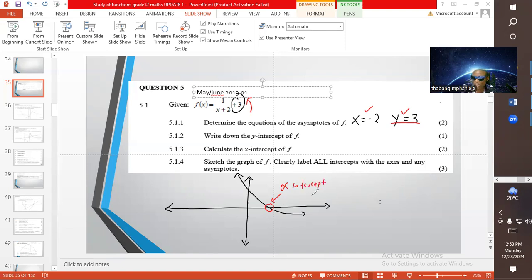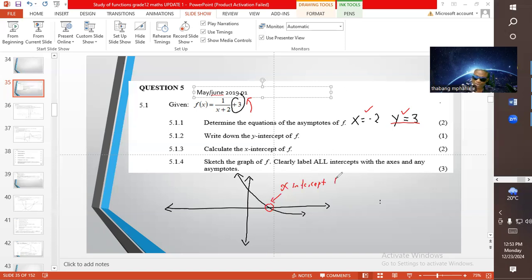Now, which is a point on the x-axis. If you look at the x-intercept, it is seated on the x-axis because it's where the graph cuts the x-axis. And at any point on the x-axis, the value of y is 0. So we know that when we are looking for the x-intercept, we will have to let y be 0.